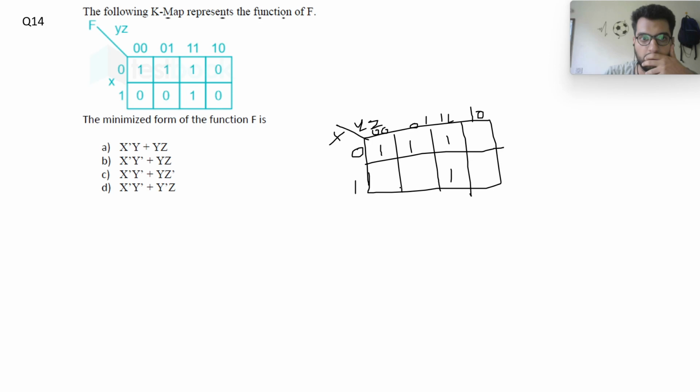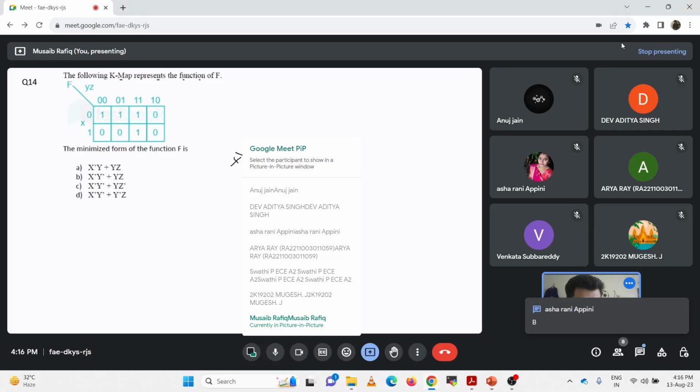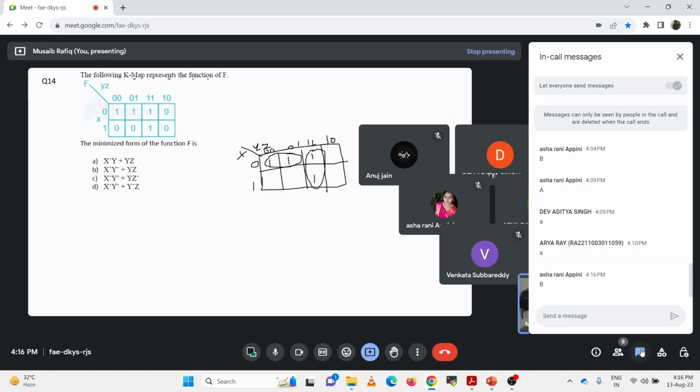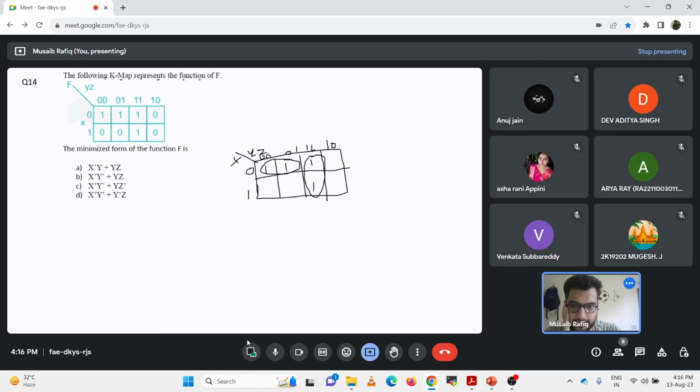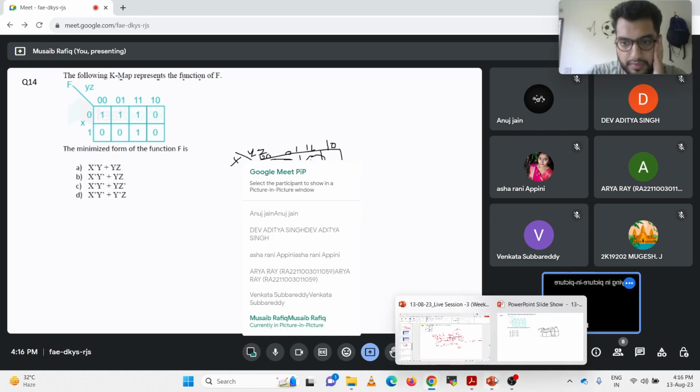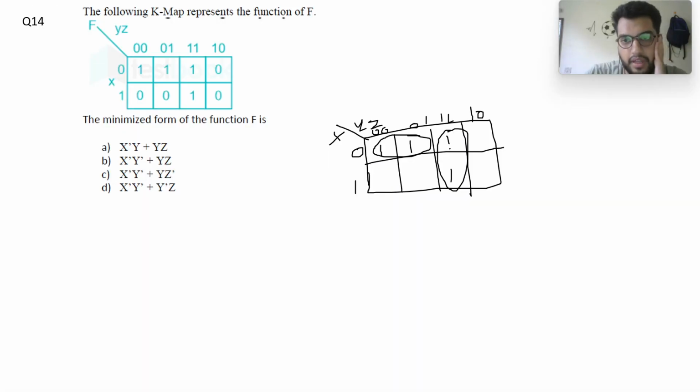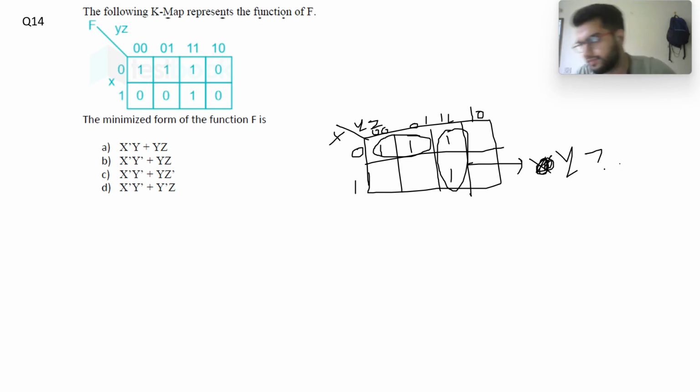So we look for the groups. We can construct groups using these minterms. So we'll have pairs like this, 1 and 1, and these two pairs. The contribution from this pair is yz, and this one is x bar y bar.